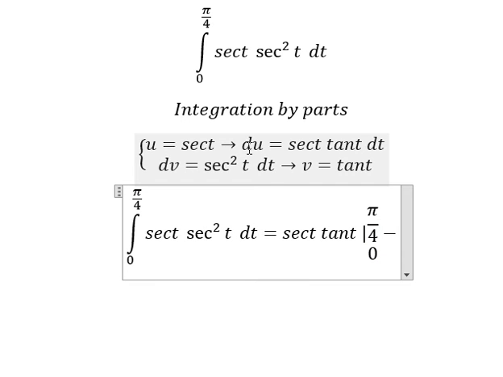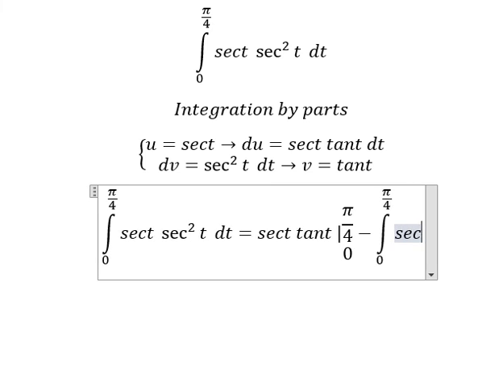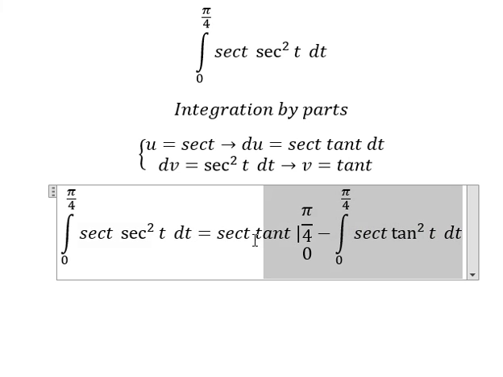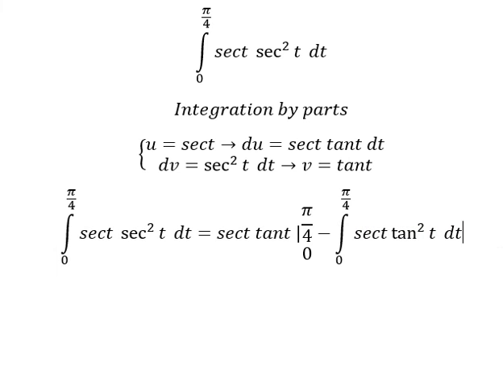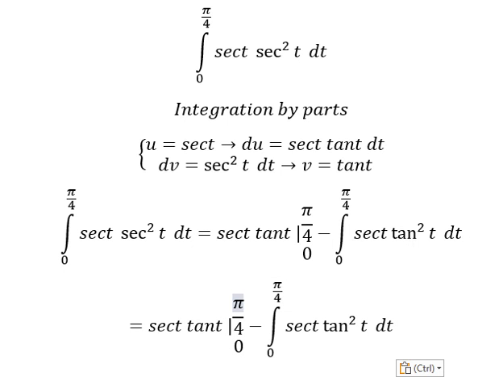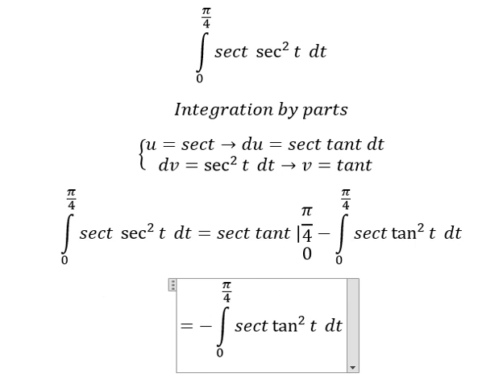Minus, we have u multiplied by v, so we have the integration from 0 to pi over 4. So I will put this one here, number 0 here. So we have the square root of number 2.